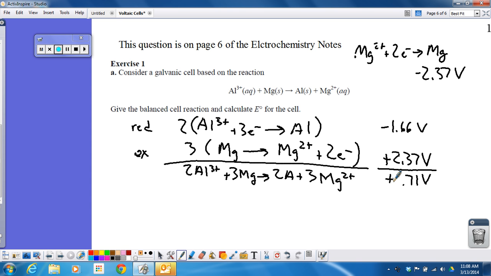So if I have a galvanic cell, this is telling me I have a galvanic cell. A galvanic cell is a spontaneous reaction. It is thermodynamically favored.